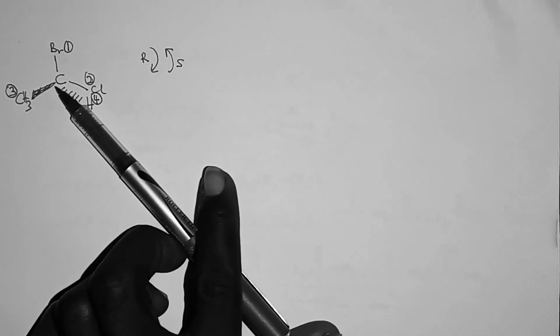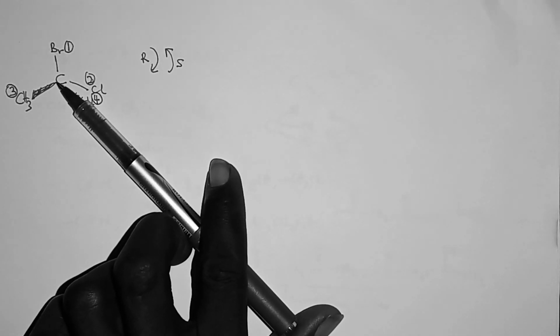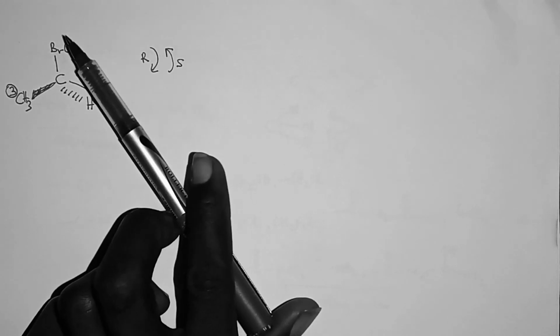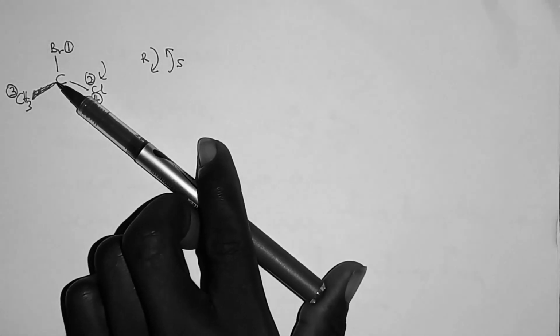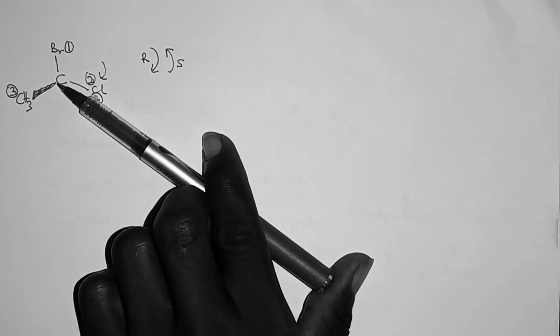So what we do is that you cover the group that is pointing away, and then you determine the direction. So here's 1, 2, 3. 1, 2, 3 in the clockwise direction, because we have covered the group that is facing away from us. And for that reason, this is an R configuration.